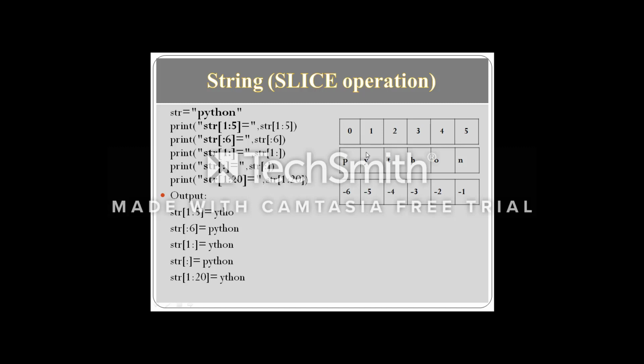The second character will be stored at index value 1. Likewise, the last character will be stored at index value 5. Since this string contains a total of 6 characters, the last index is always 1 less than the total. Therefore, 5 will be the index value for the last character.